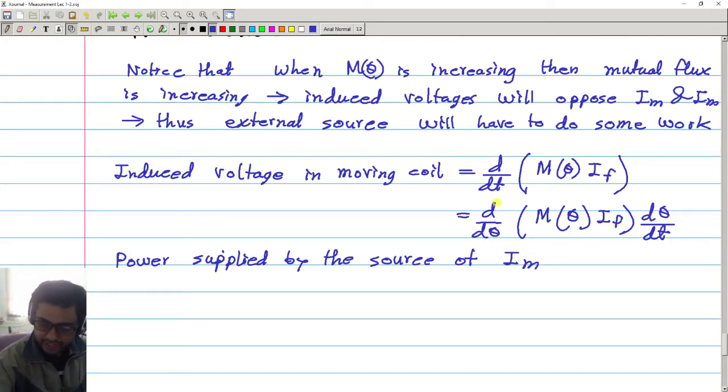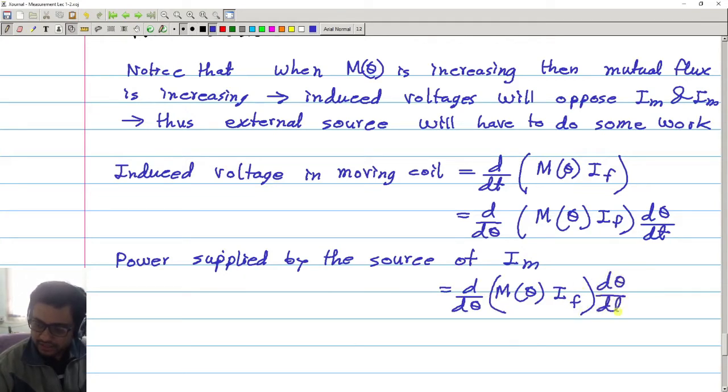This is the voltage induced in the moving coil, and this is the current in the moving coil. So power supplied will be the product of these two: dM(theta)/dt times If times Im.